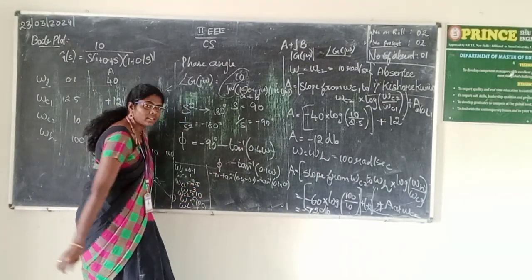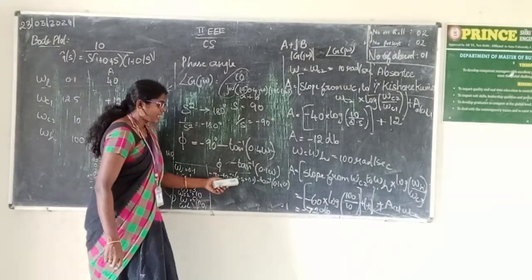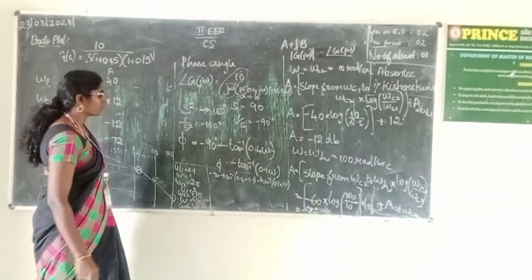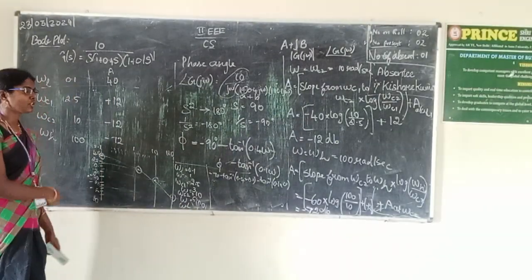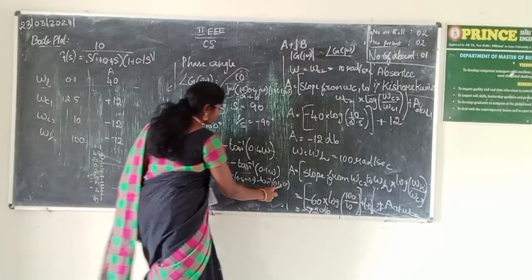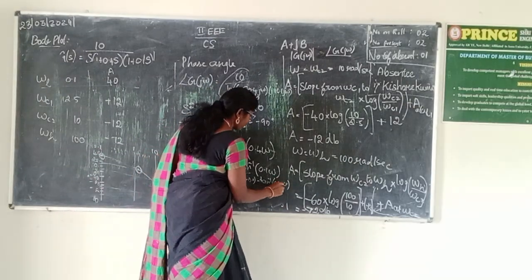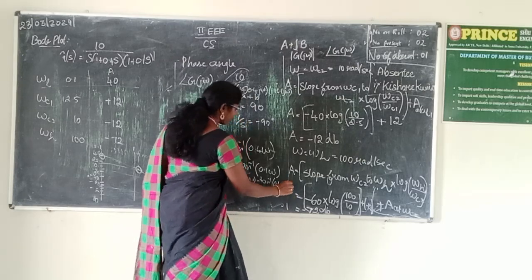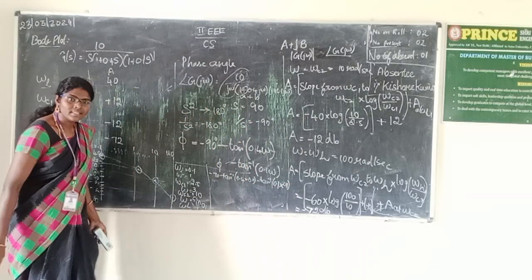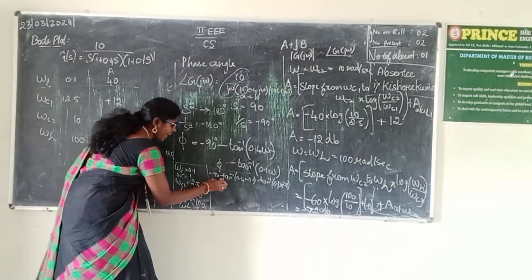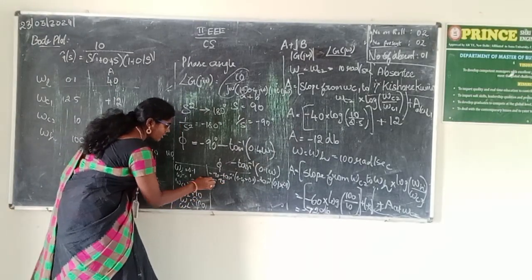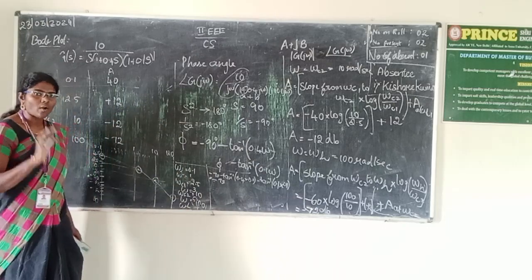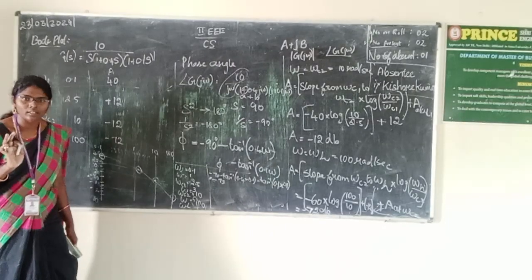Minus 90 minus tan inverse of 0.4 into 0.1 minus tan inverse of 0.1 into 0.6, is equal to minus 93. That is your phase angle.